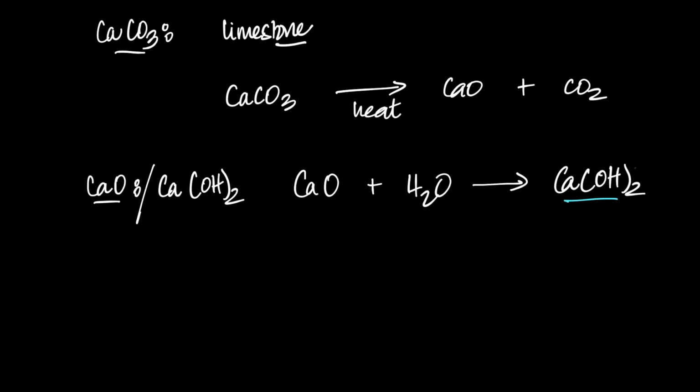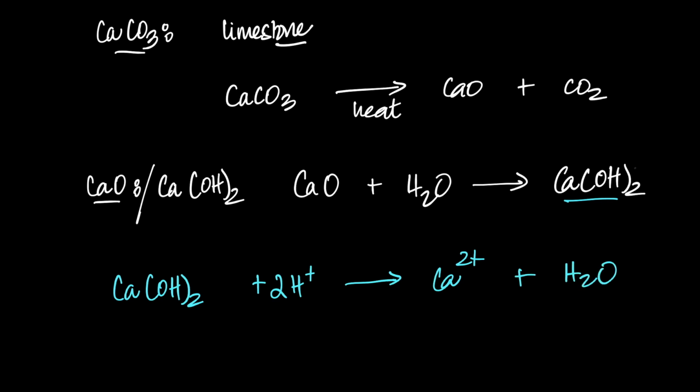Simply speaking, calcium hydroxide can neutralize any acid because it's an alkali, and when it reacts with acids, it makes calcium ions and water. And so calcium hydroxide is used by farmers to sprinkle on soils that are acidic, because it can neutralize acids, and when it does that, it raises the pH. This will raise the pH of soils. If the pH is too acidic, it'll make it less acidic.